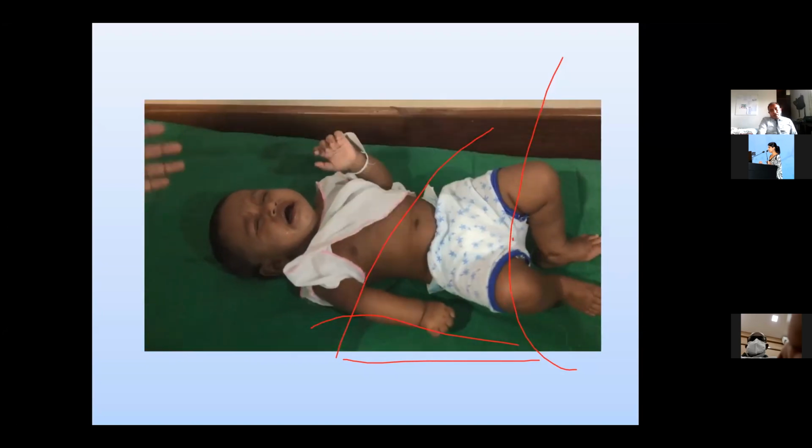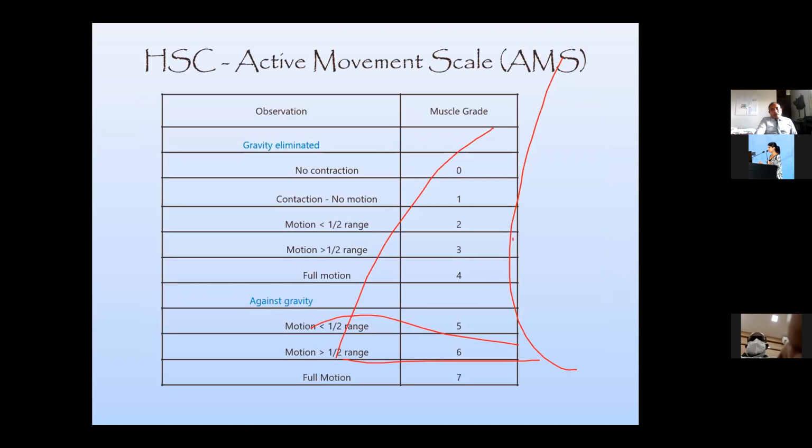And so that is how you do that. Or you can use a cloth, but in my experience in our country, for some reason, when you cover the eyes with the cloth, the child, especially at the age of 6 months, takes it as though you're trying to play with the child.